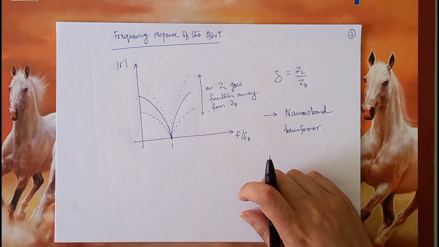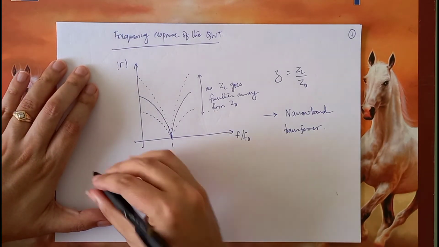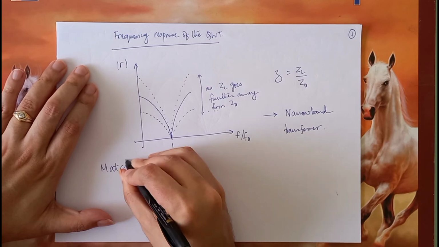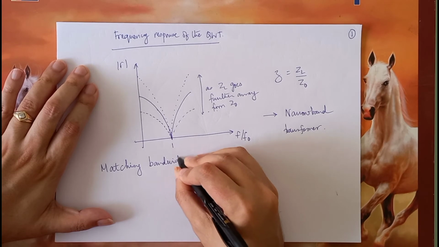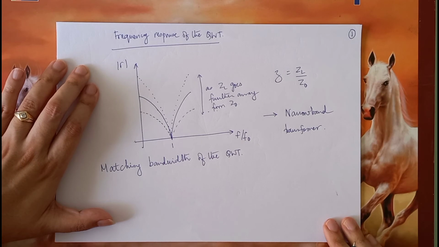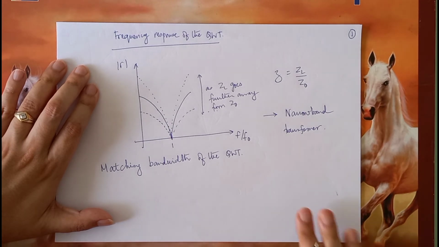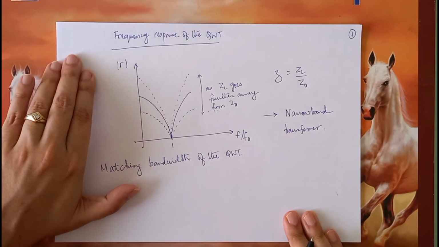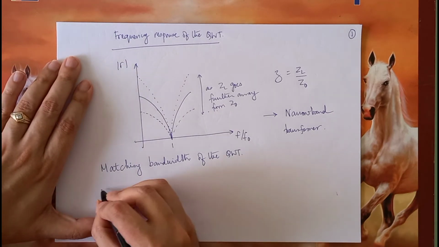So now let us try to define the bandwidth, or what we call the matching bandwidth. That is, we define the matching bandwidth as the range of frequencies over which the QWT is able to provide mod gamma that is below a certain acceptable value.